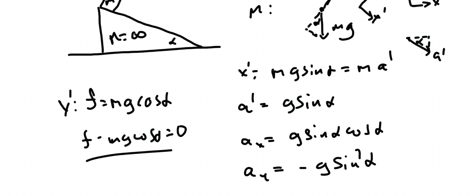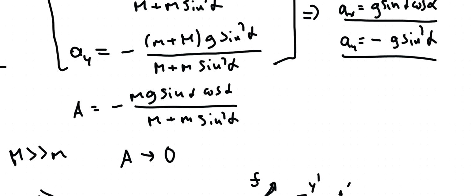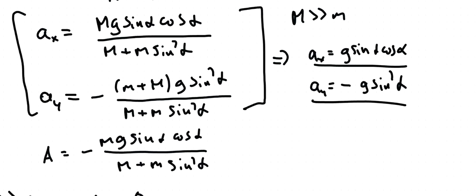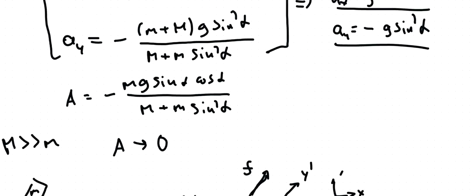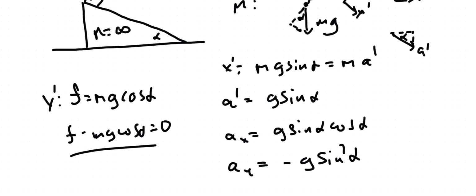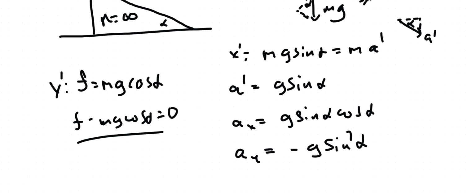That completes the problem, because if we go back here, this is indeed what we got for our accelerations. This gives us a sense of confidence that we did something right, that in the limit of large wedge mass, we do get the expected acceleration for the block. Thank you very much.